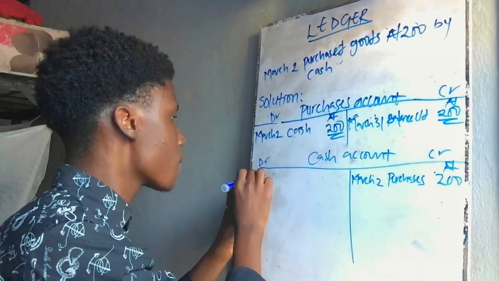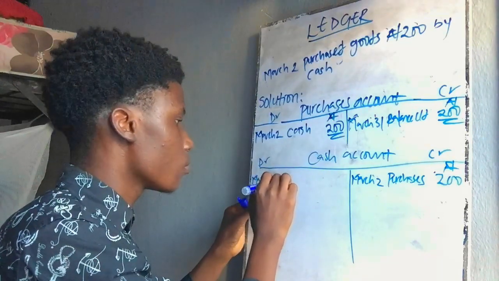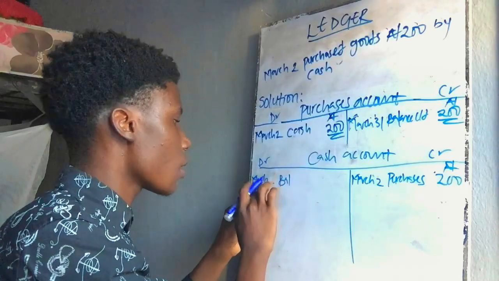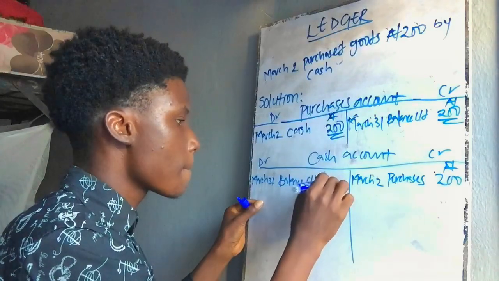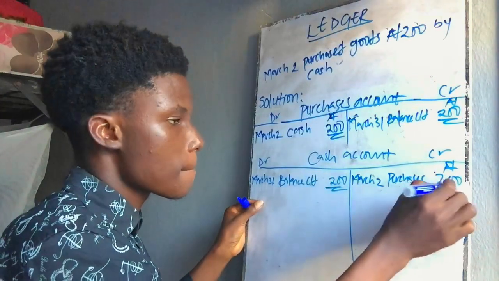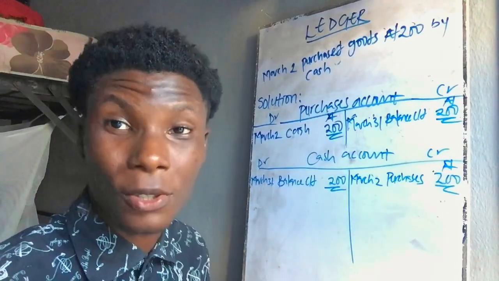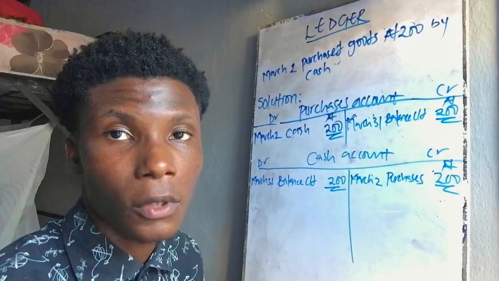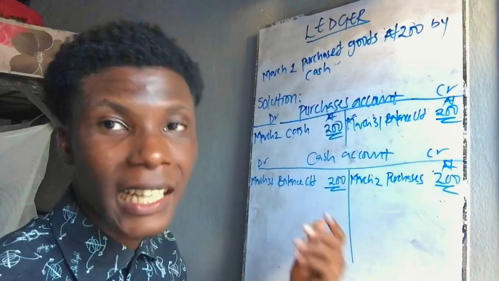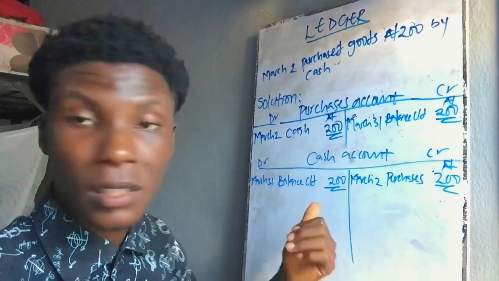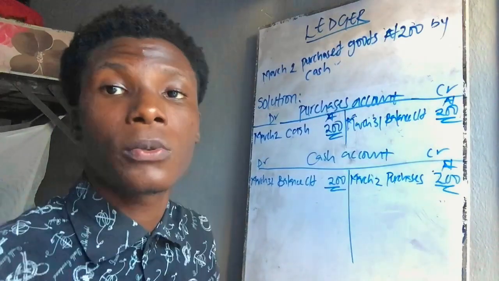Balance it off. Sorry, March 31st. I'm just trying to illustrate all that I've explained already. But when a comprehensive question is given, a lot of things may likely be put in the respective account. Get me right? So that'll be all for now.